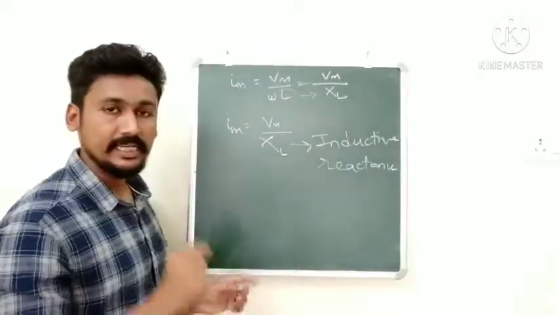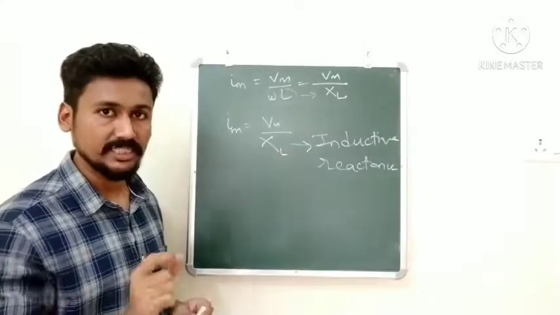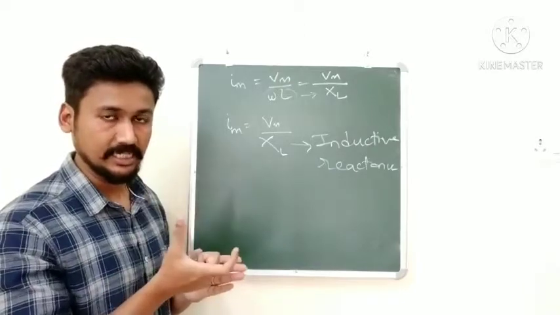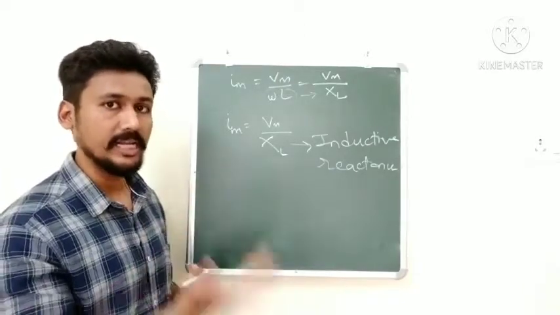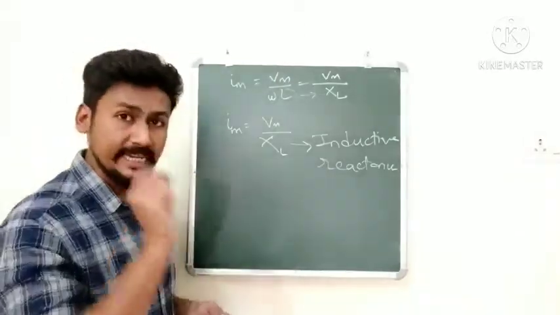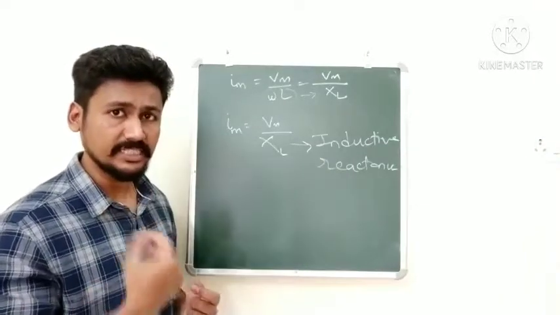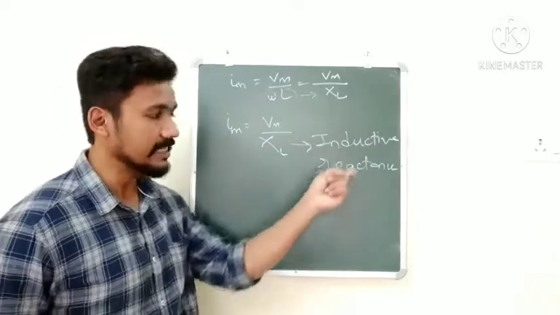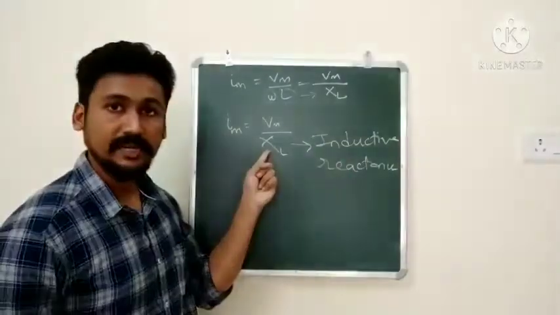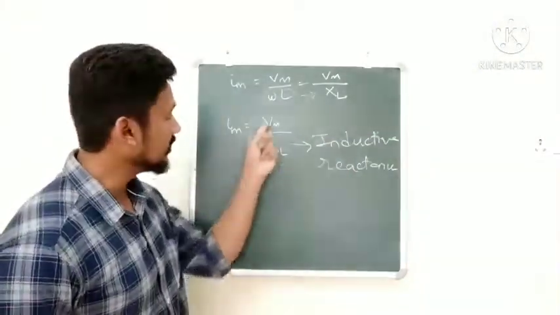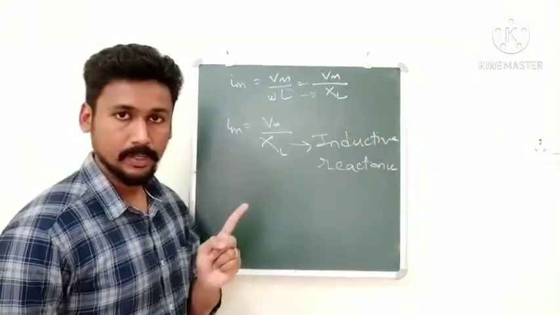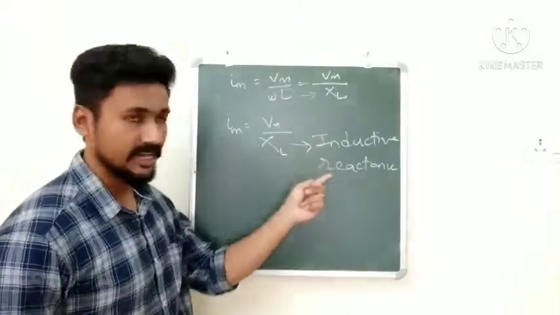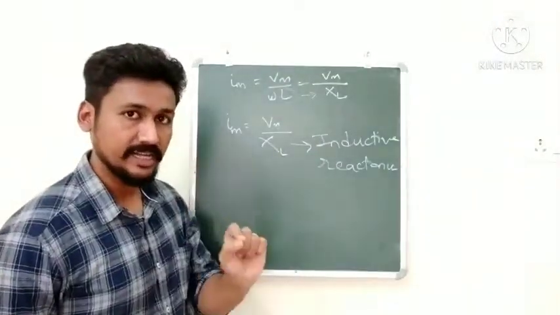Now what is inductive reactance? This quantity is very similar to resistance. Okay, so in a resistive circuit, it is the resistor which is providing opposition to the electric current. In an inductive circuit, we don't have any resistance as such, but there is a similar quantity, and that is the inductive reactance, which is represented by XL, and XL is equal to omega into L. Okay, the dimensions and SI unit of inductive reactance are the same as that of resistance.